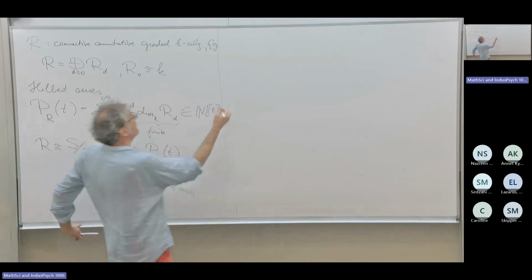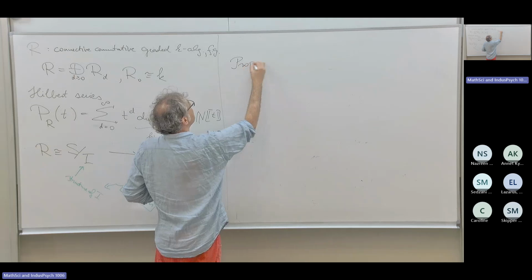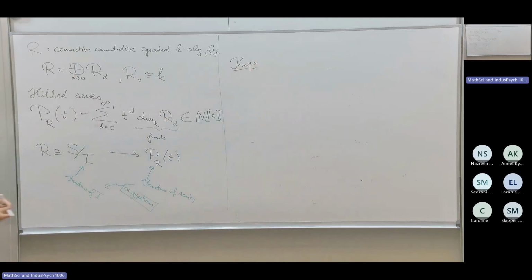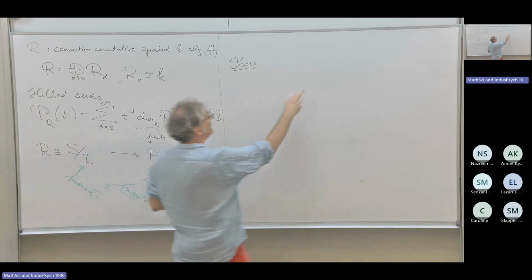Let me write down a very basic proposition, which is not difficult to show, but I will have a more precise form of this proposition later. For now, this will be enough.